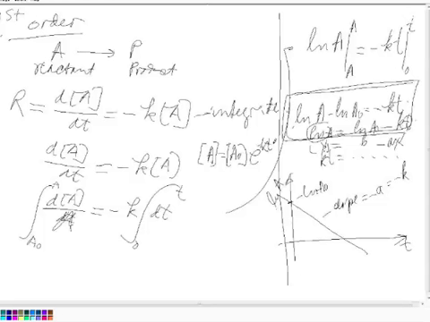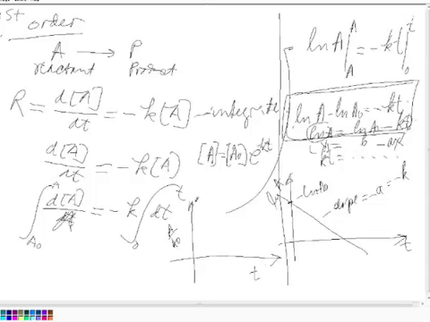We can also create a graph from that: this axis is A per A0, and here is t.